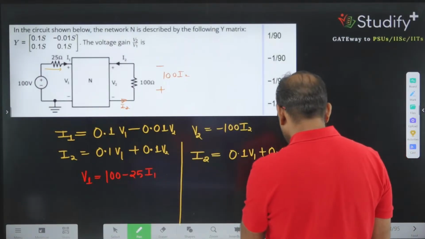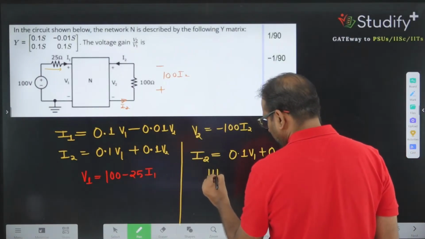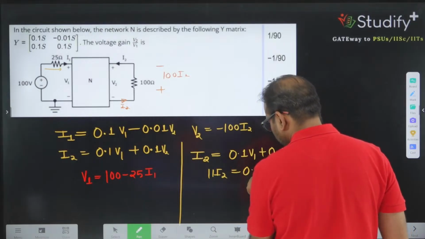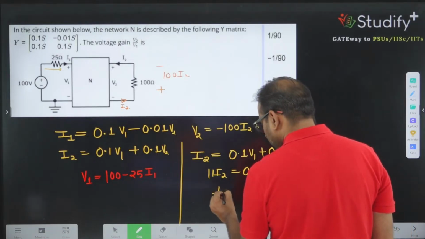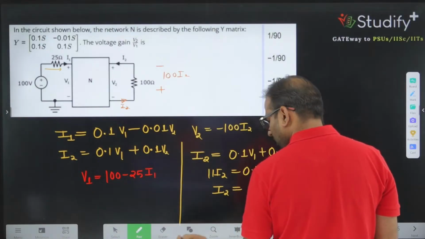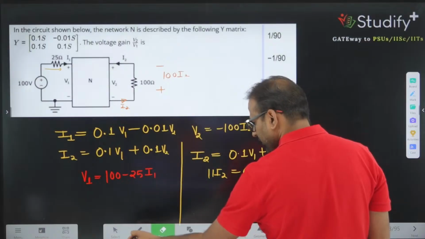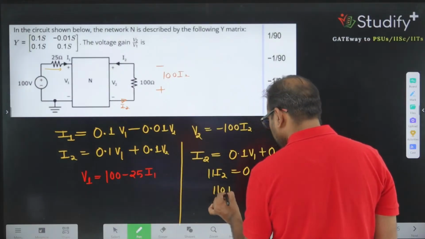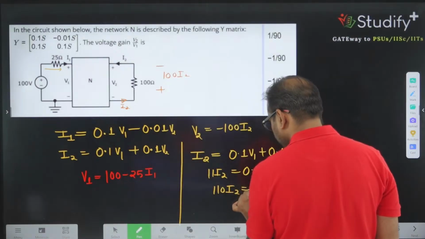So you can say this is 11 times I2 equal to 0.1 V1, or 110 times I2 equal to V1.